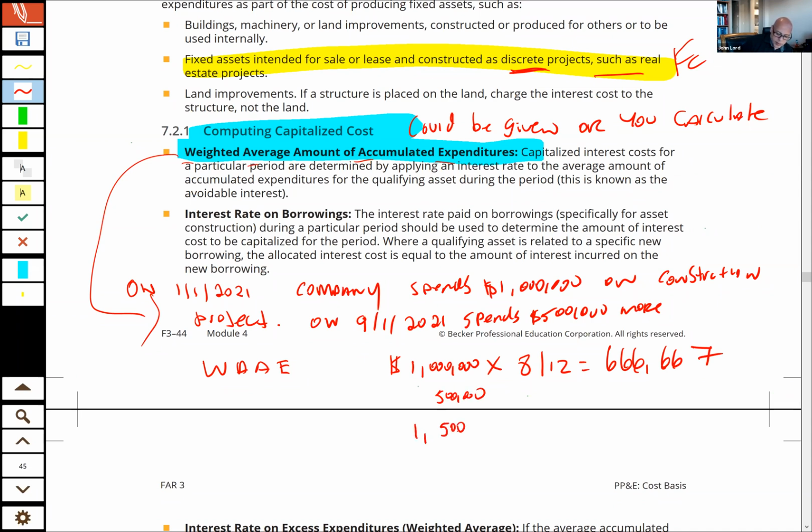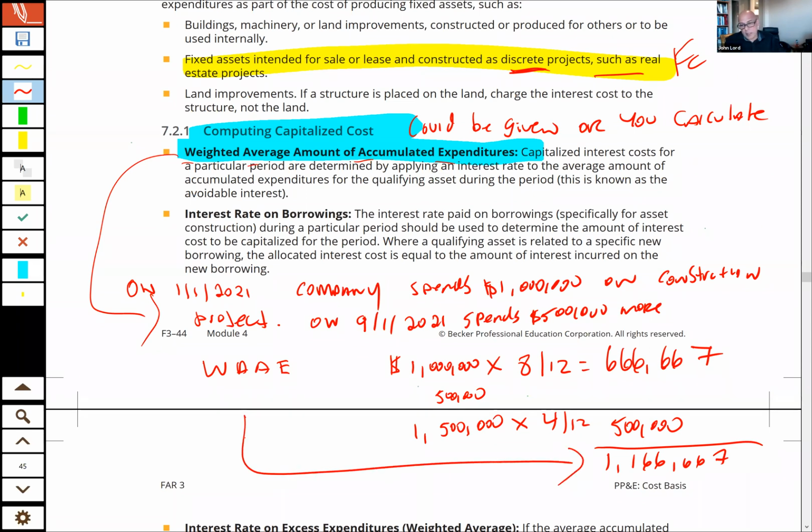So you could look at that and say, well, then there was 1,500,000, and that was outstanding for what? The back end of the year, September, October, November, December, for 4/12 of the year. And that's going to give me 500,000. You add that 666,667 plus the 500,000, you come to 1,166,667 would be the weighted average of accumulated expenditure here.